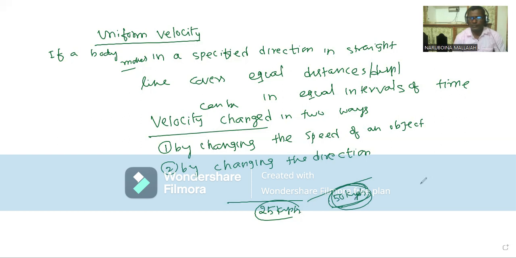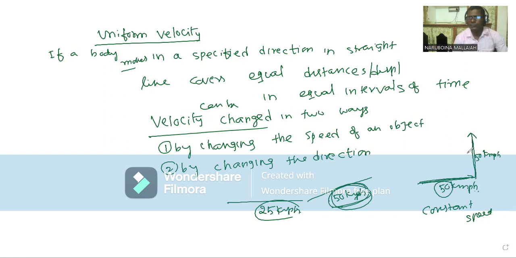One more example. A body is moving here 50 kilometer per hour in east direction. Next, it took a left turn and is moving in north direction with the same speed, 50 kilometer per hour. In this case, I say the body is moving with constant speed. See, in this direction, it is moving with 50 kilometer per hour. Everywhere it is moving with 50.